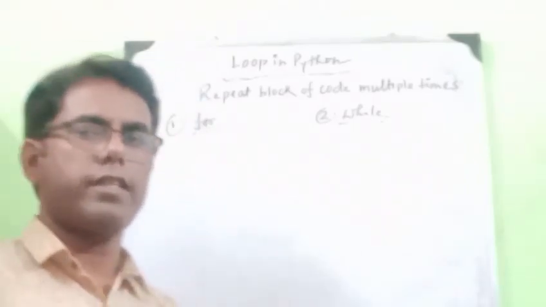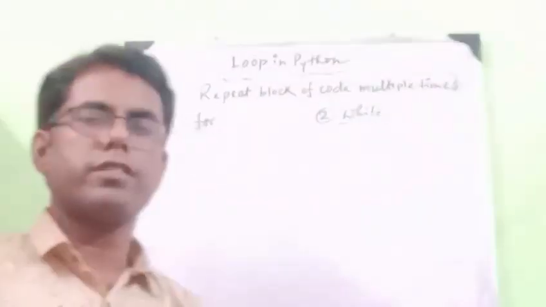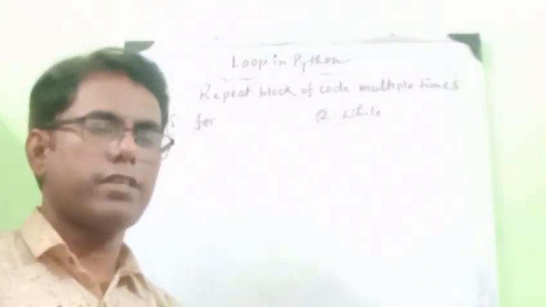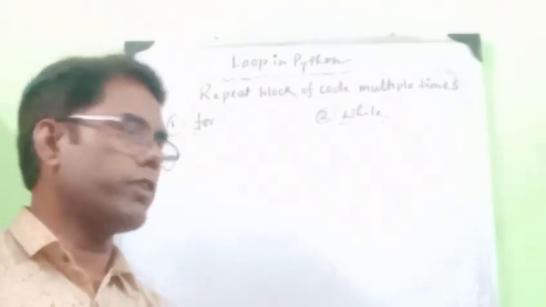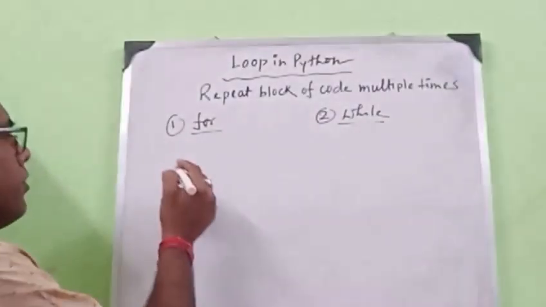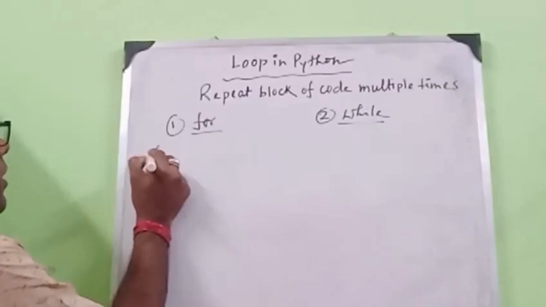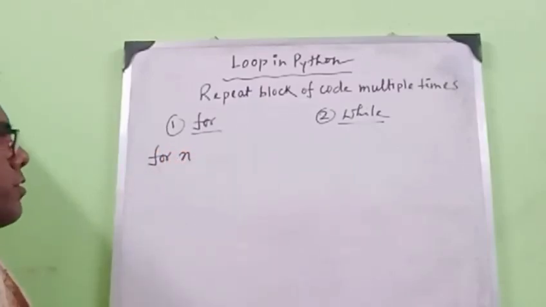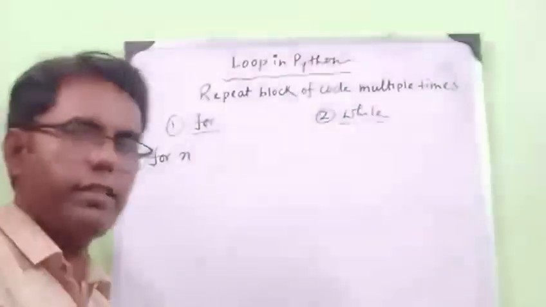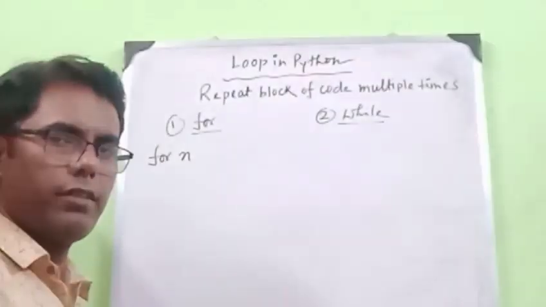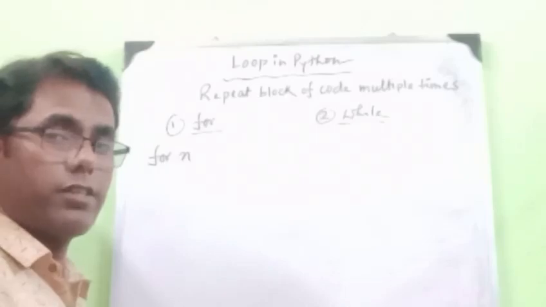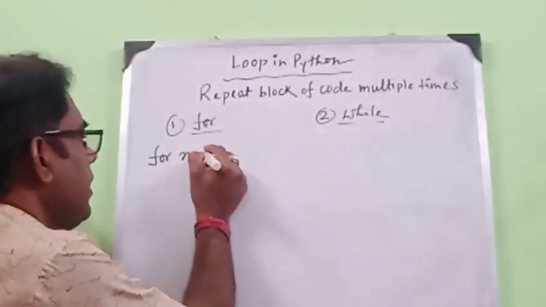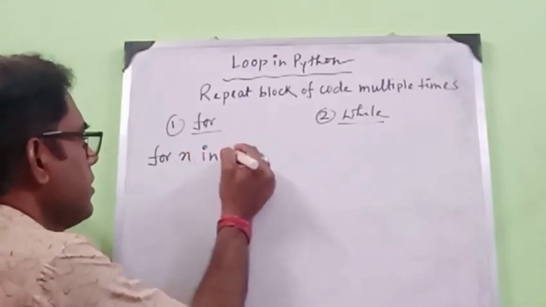Now we will understand the syntax. Suppose we want to display the numbers 1 to 5. The first number is 1, the second number is 2, and in this way. So the syntax of for loop is we have to write for a variable. For iteration, n is a variable for iteration purposes. Now we have to write in range.